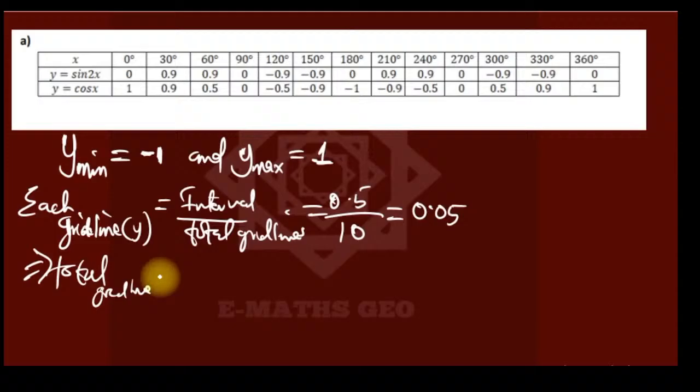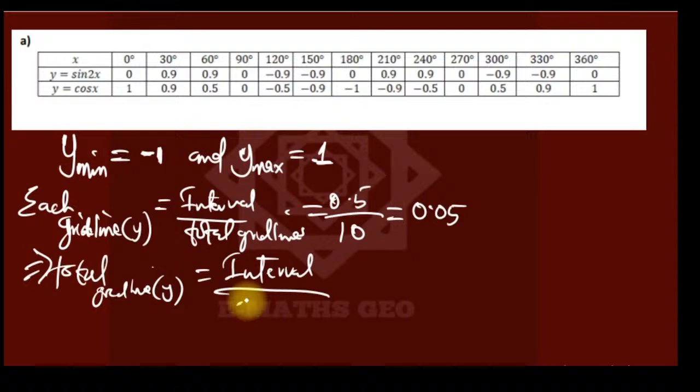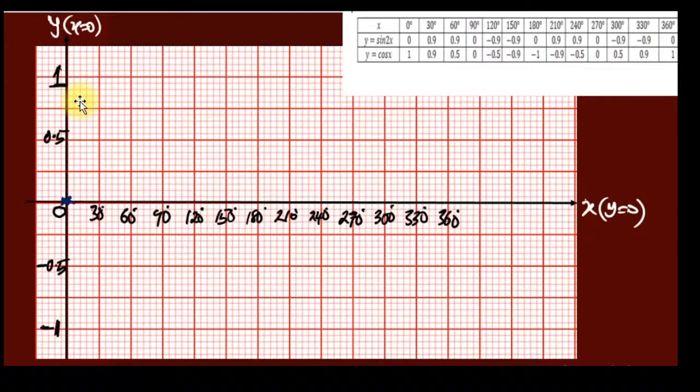So to locate a particular interval, y will be the interval over each grid line. Meaning that for the values of y, each time I'm looking for it, if it's not seen visibly, I would divide that value by 0.05. That's it. If I want to locate 0.9, I divide 0.9 by 0.05 to get the total grid lines starting from the origin.